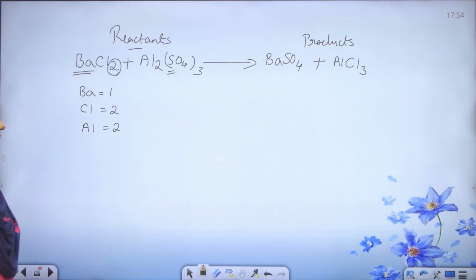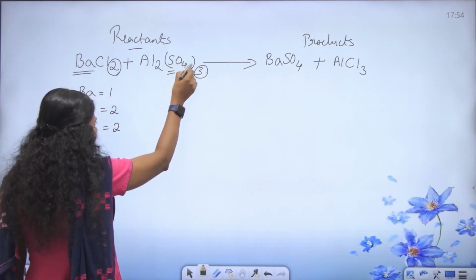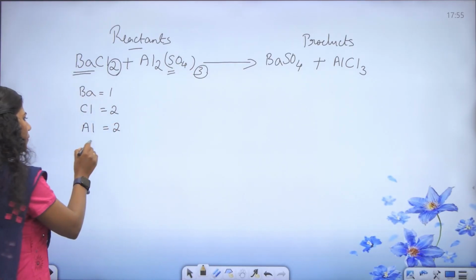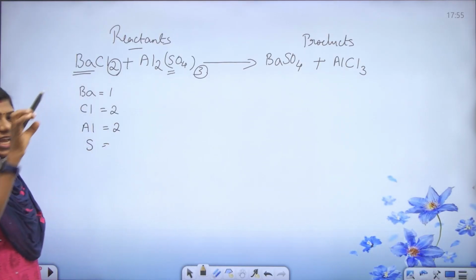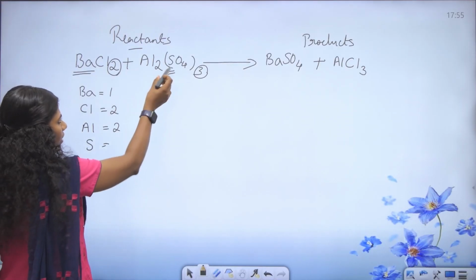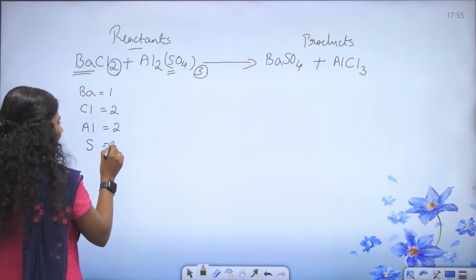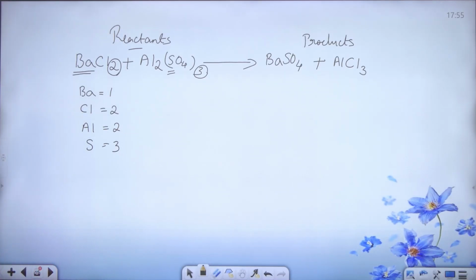SO4 thrice. This 3 is common for sulfur and oxygen. So the number of sulfur atoms is 3, that means 3 SO4 groups. SO4 thrice means 3 SO4 groups.